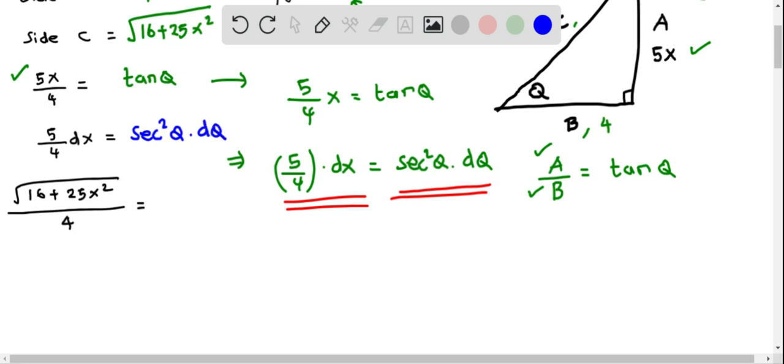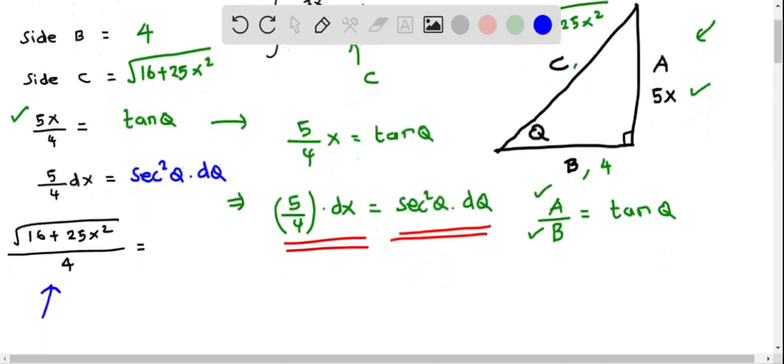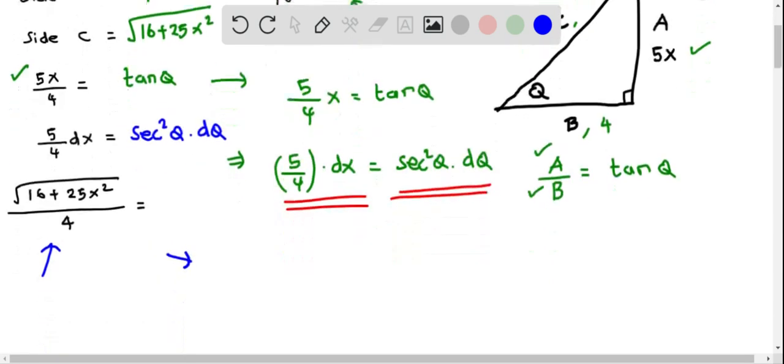And finally, we find the expression the square root of 16 plus 25x squared over 4. For this, we can utilize this triangle. Looking at this triangle, we see that it is c over b. This equals the square root of 16 plus 25x squared over b, which is 4.